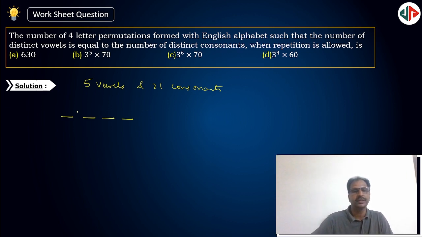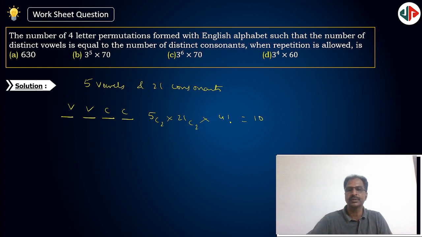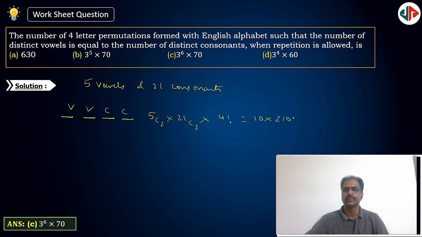Now let us say we have 2 vowels and 2 consonants in the first case. Select 2 vowels 5C2 ways, select 2 consonants 21C2 ways, and arrange the 2 vowels and 2 consonants, which can be arranged in 4 factorial ways. 5C2 is 10, 21C2 is 21 into 20 by 2, 210, into 4 factorial is 24.